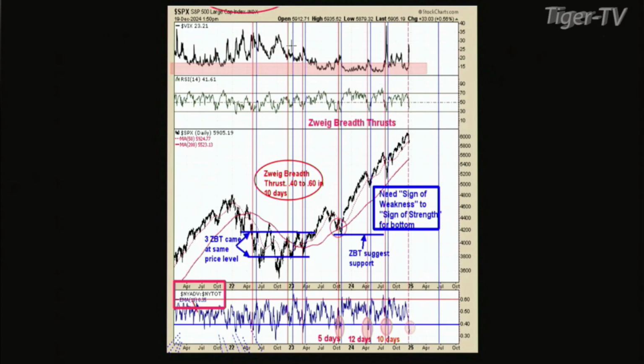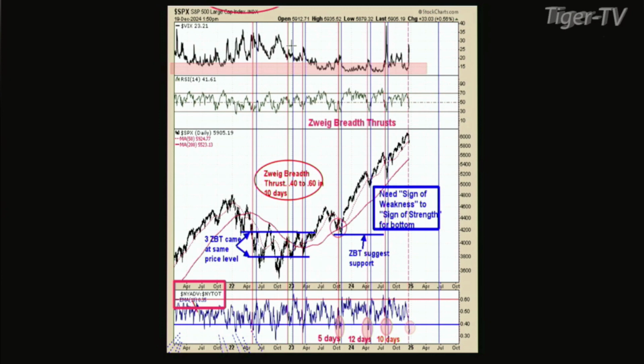It starts when that indicator turns up. I don't know if it's going to turn up today or tomorrow or the next day. It could be tomorrow or it could be Monday. Anyhow, we're in the region where it starts. If it fails to get to 0.6, that's a bearish sign, because this indicator only gets triggered in bull markets.